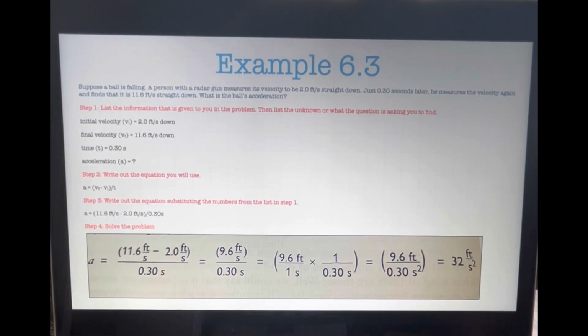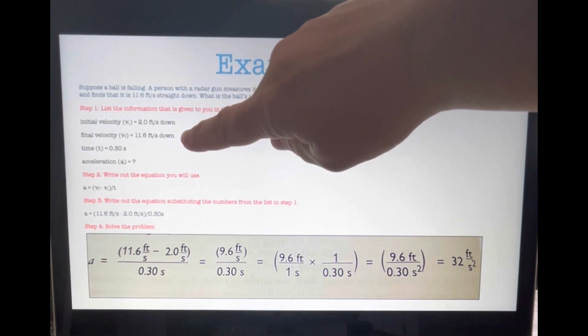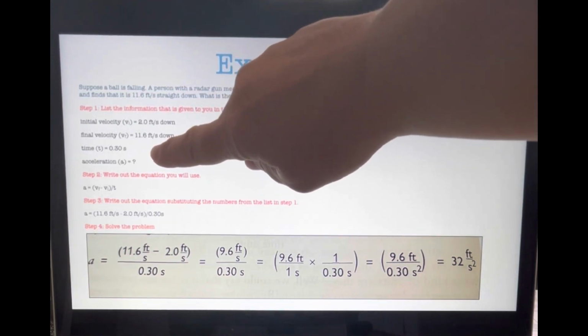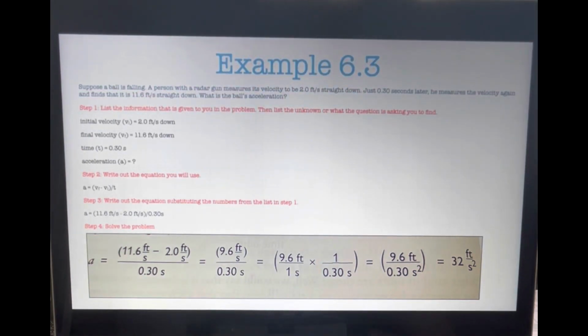As always, the first thing you're going to want to do is list the information that is given to you in the problem, then list the unknown, or what the question is asking you to find. So the initial velocity is 2.0 feet per second down. The final velocity is 11.6 feet per second down over a time period of 0.3 seconds. So we need to figure out what the acceleration is.